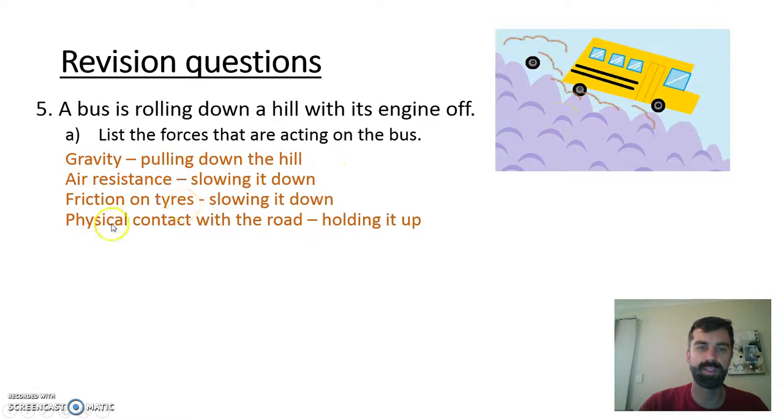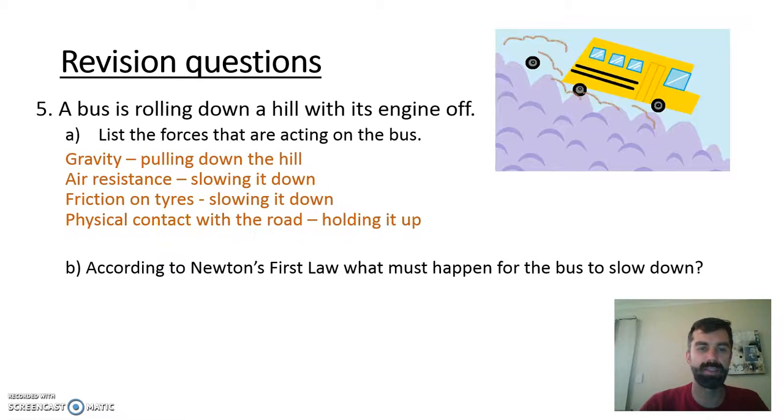And then there's some physical contact with the road, which actually holds it up. Now, this is the weirdest one, and remember, it's because of Newton's third law, which says that there's a reaction for every action. So because the bus is going down against the road, there's got to be a force holding it up. And that's the physical contact with the road.